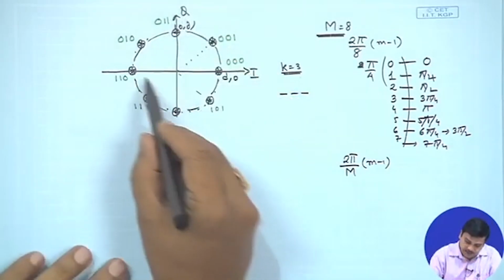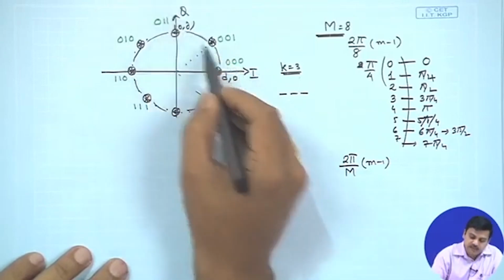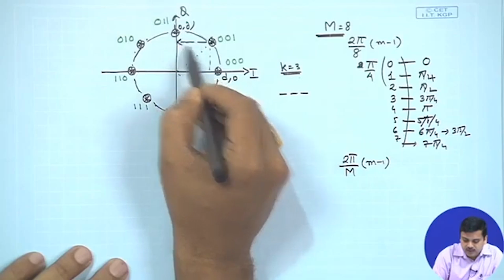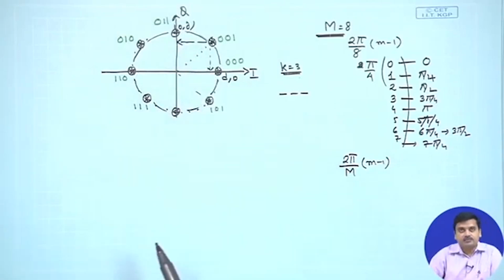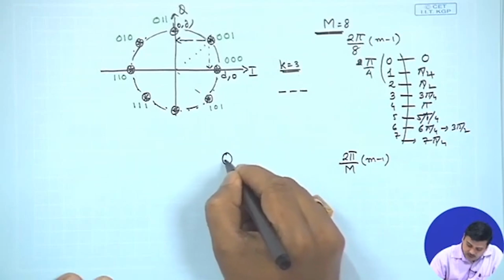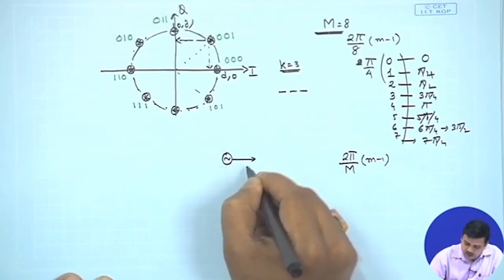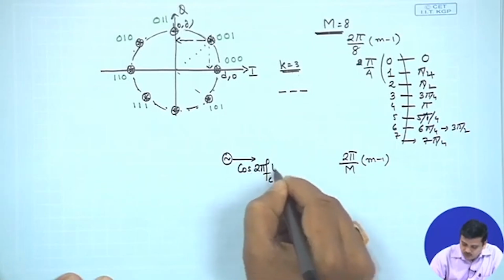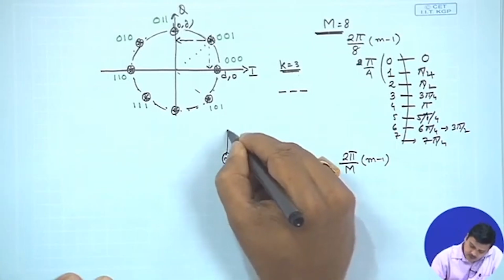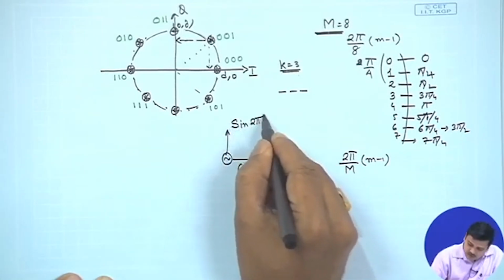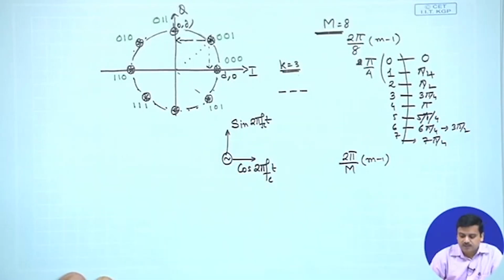That means you would need a cosine carrier and a sine carrier, and with components on these carriers you would be able to send the signal. So, typically during transmission you would have a local oscillator, you would generate cos 2 pi f c t, and you would also generate the 90-degree phase shifted sine 2 pi f c t.